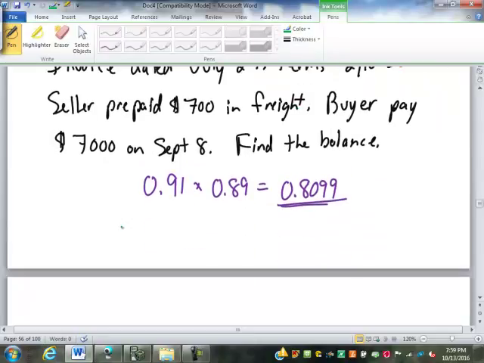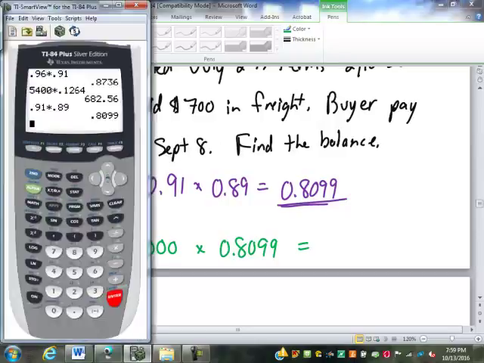Well, we take our 12,000 list price times that net equivalent. You can do it all at once if you want. Unless I specifically ask for the net decimal equivalent, you don't have to get that. That's the way I usually do it. I do 12,000 times 0.91 times 0.89 all at once, which gives us 9,718.80.